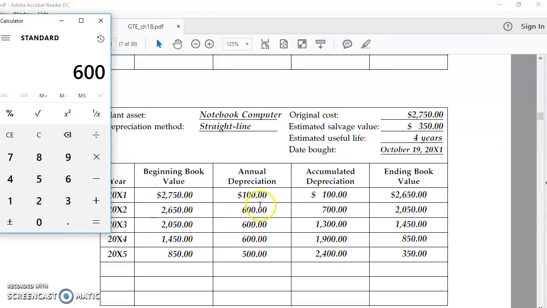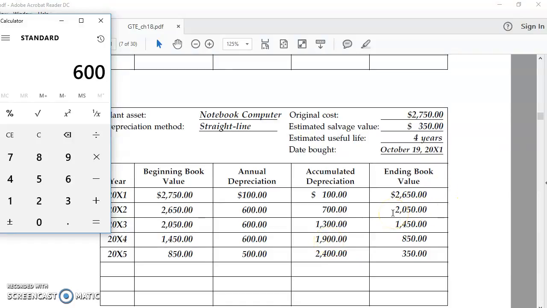So this is a full year, this is a full year, and this is going to be a full year. You're going to take the annual depreciation, subtract your book value to get this number here. This accumulated depreciation is just this plus this equals this, and then this plus this equals that, and then all of these equal that, and so forth.